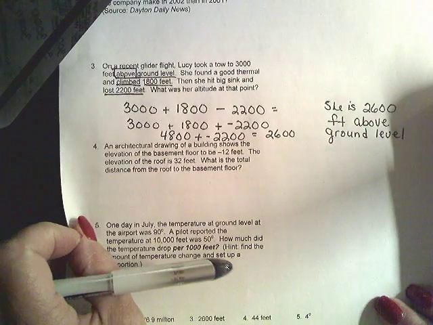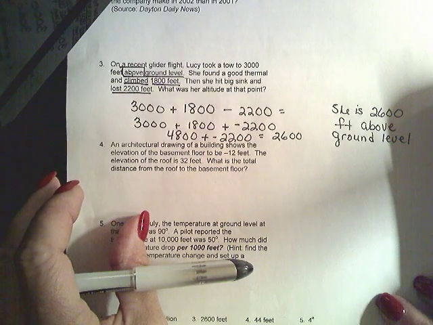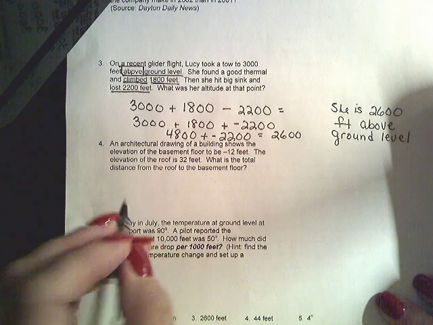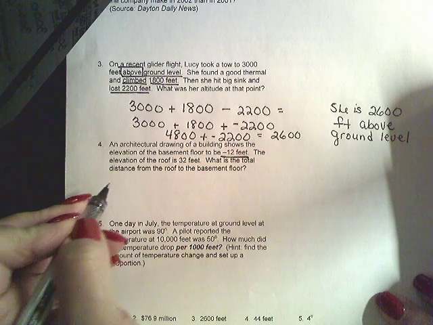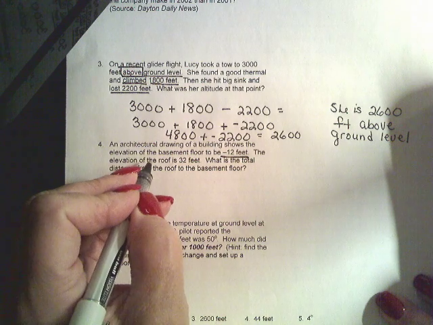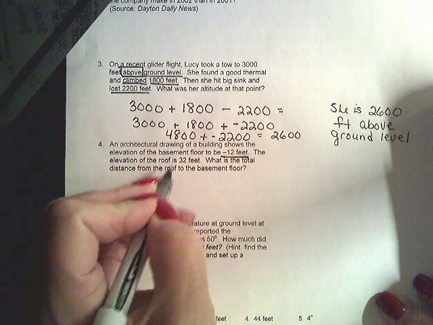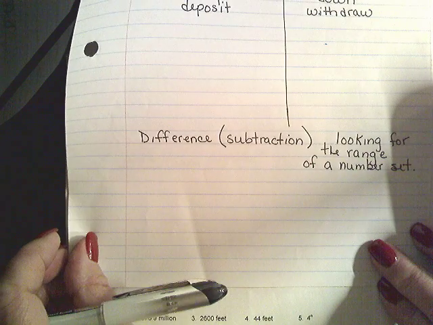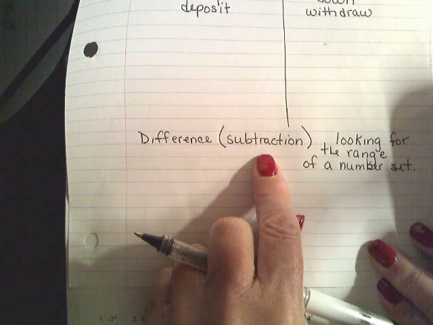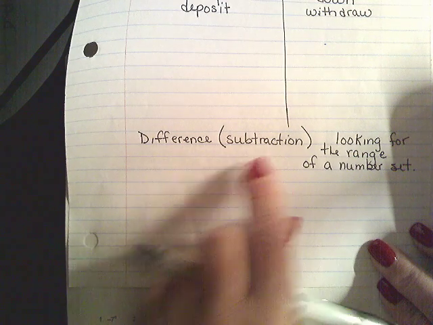Okay, let's look at number 4. An architectural drawing of a building shows the elevation of the basement floor to be negative 12 feet. The elevation of the roof is 32 feet. What is the total distance from the roof to the basement? I want to go back to our notes for just a second, because when we say the word difference, we know we mean subtraction.